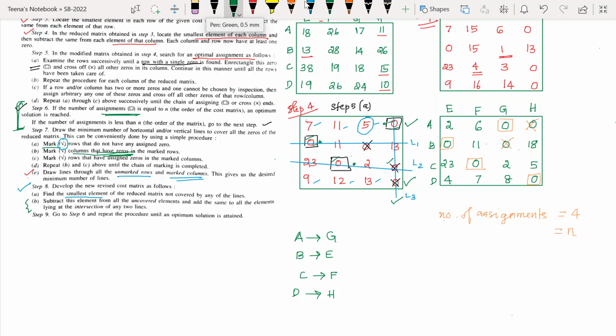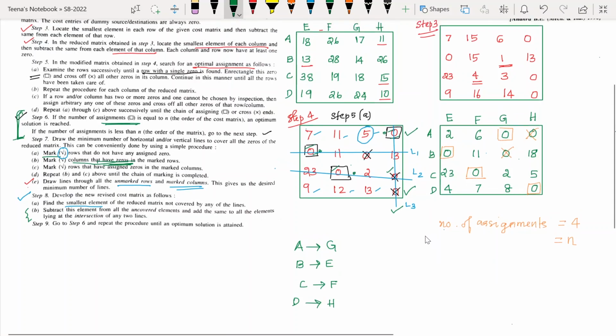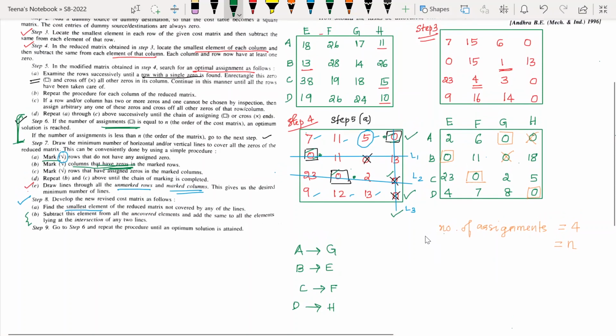And the last part of the solution should read the minimum time for completing this assignment. From A to G, the time given is 17 man hours. From B to E, it is 13.